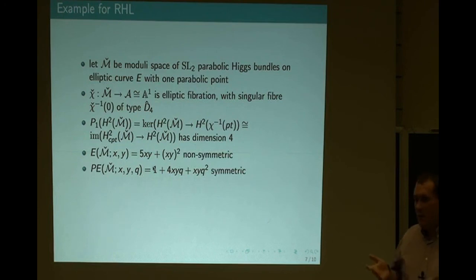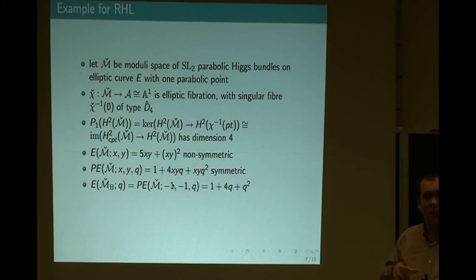And indeed, you can now do the character variety calculation along the lines of yesterday's lecture. You can calculate the E polynomial, the Serre polynomial of the character variety, and you are going to get this symmetric expression, as expected from this calculation: 1 plus 4q plus q squared. And then finally, we see that this is now symmetric.